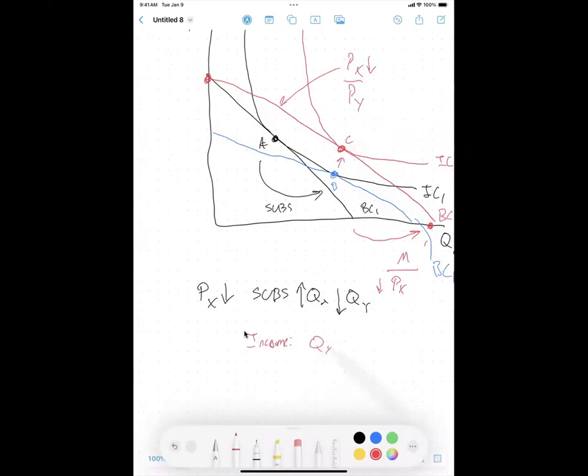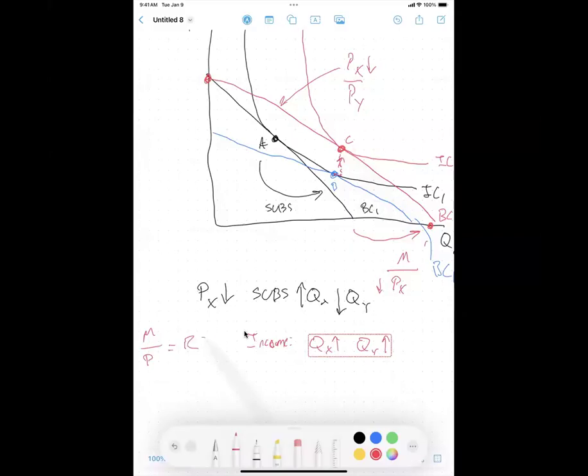So when I have these two goods, it looks like I bought, in this example, a little bit more of X and a lot more of Y. So I increased the amount of both of these goods that I was buying. The income effect is this: when prices go down, I can think about my real income as income over price.